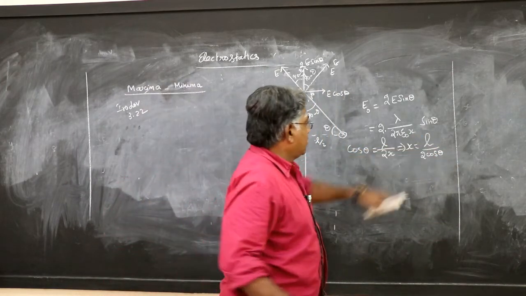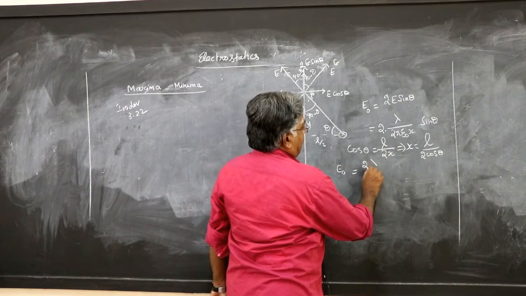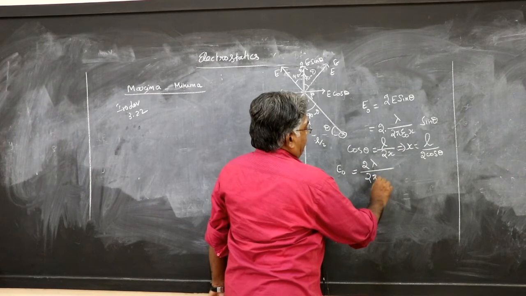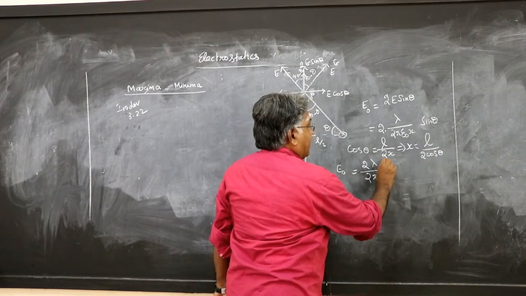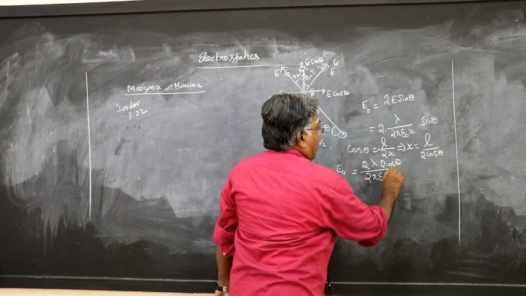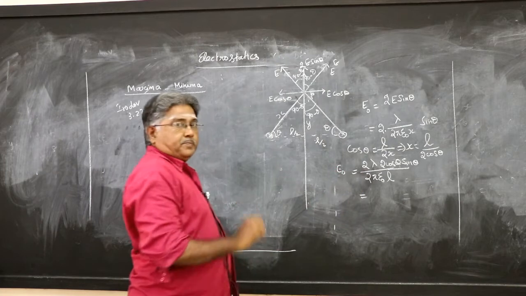For x, you put this. E naught will be 2 lambda by 2 pi epsilon naught, x is L by 2 cos theta, already one sin theta is there, so you get this.